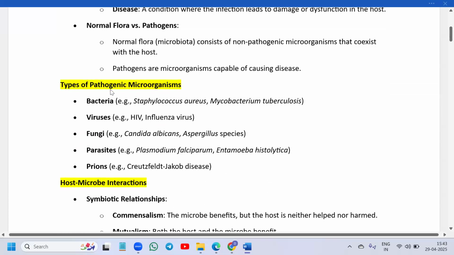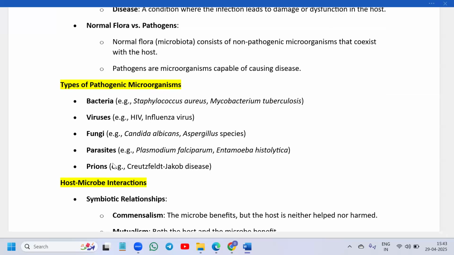Next is the types of pathogenic microorganisms: bacteria, viruses, fungi, parasites, and prions. The common bacteria examples are Staphylococcus aureus and Mycobacterium tuberculosis. Viruses like HIV and influenza virus, fungi like Candida and Aspergillus, parasites like Plasmodium and Entamoeba.